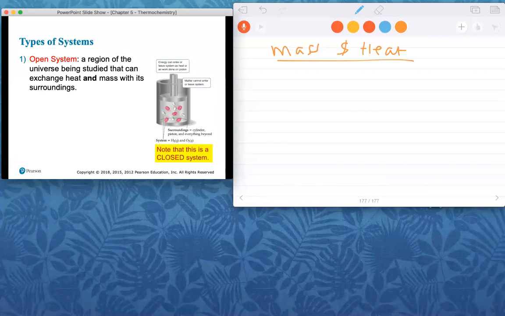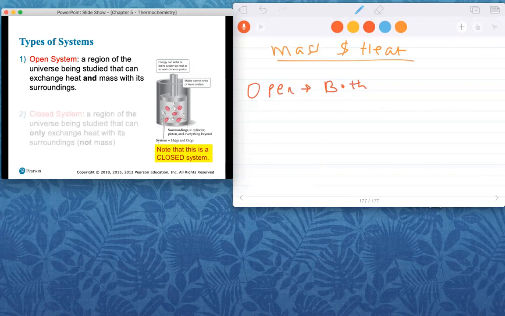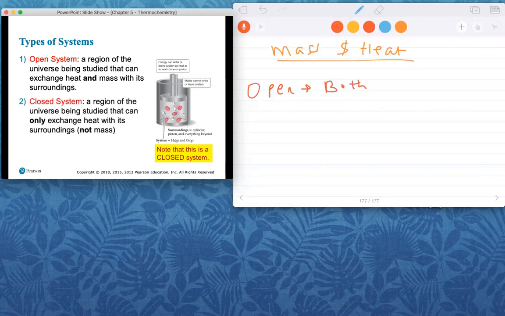So I can say here, open, both are lost from our reaction. If only heat is exchanged, if a region of space or the universe being studied can only exchange heat with its surrounding, no mass, then we talk about the closed system.